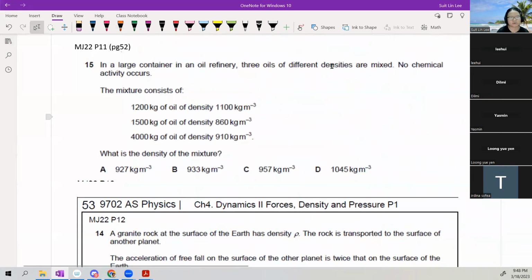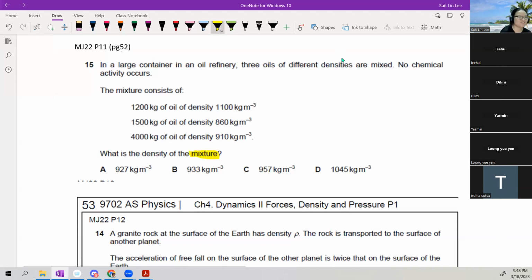So for density, most of the time, they will level up and talk to you about mixture density. There is one confirmed question. I just don't know what kind of question they'll ask you. So we'll do one or two, but every year, every variant, you will find one around question 14, 15. Just choose a few to do. It shouldn't be that hard. But in this case, we are mixing some oil together, and then you are asked to find the density of the mixture.